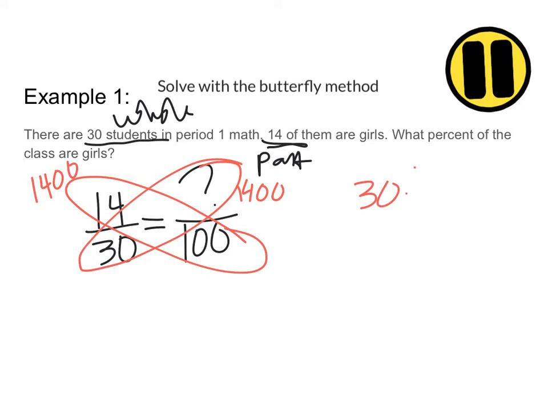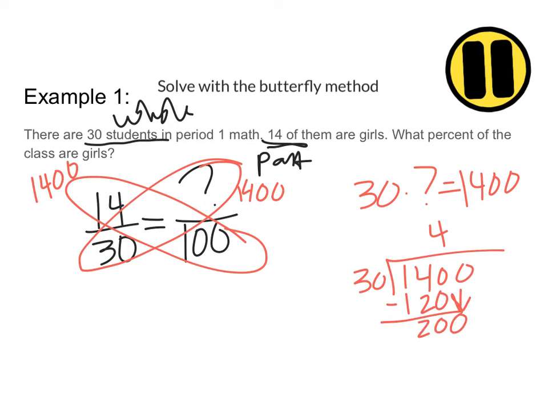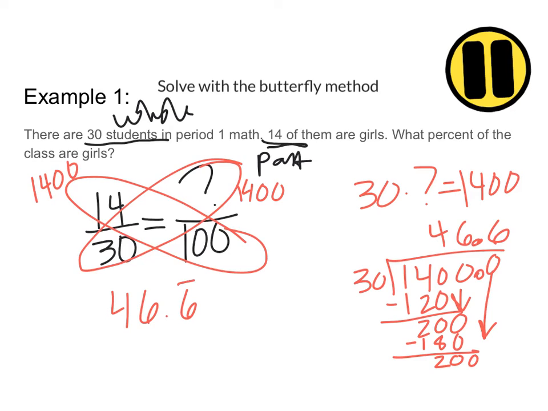So 30 times what gives us 1400. The way we solve that, we do 1400 divided by 30. So I get 46.6 repeating. So that means that 46.6% of the class is girls.